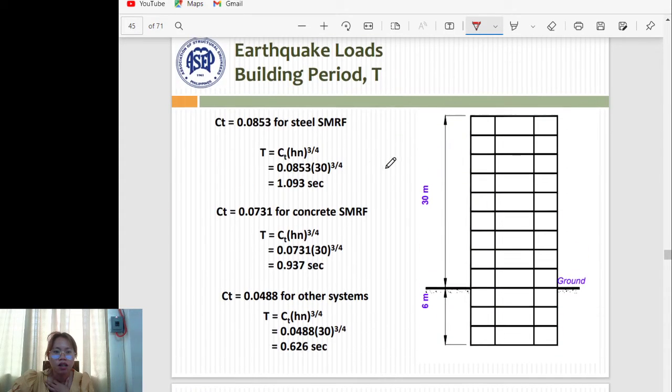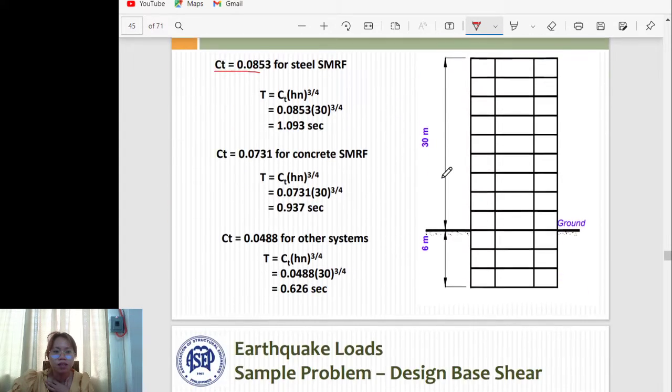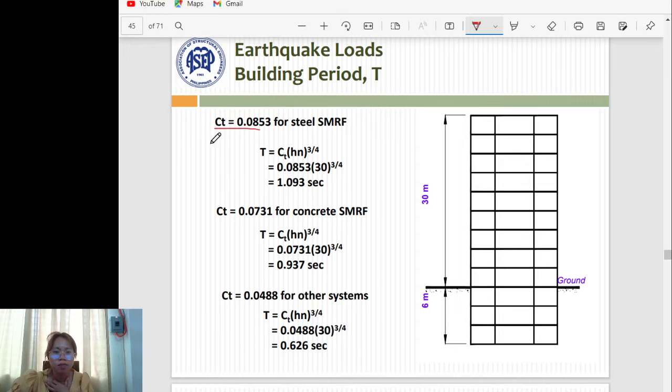For example, this one, the C sub T for steel. If this is steel, your C sub T, this is the coefficient, this is given in the code, no? This is the coefficient 0.0853 for steel, special moment resisting frame, no?